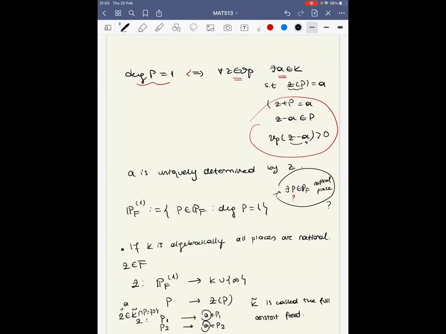There is no constant function outside of K tilde. Similarly, we can also say that K is called the constant field of the function field, given function field F. This is why we call F a function field.